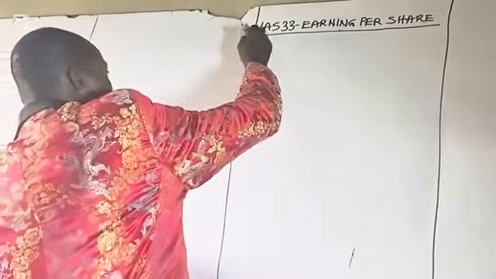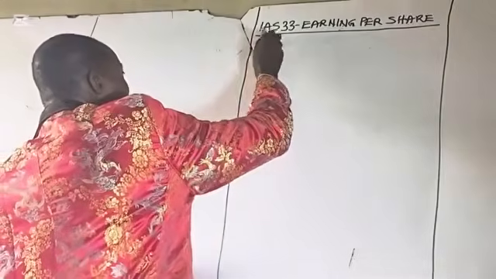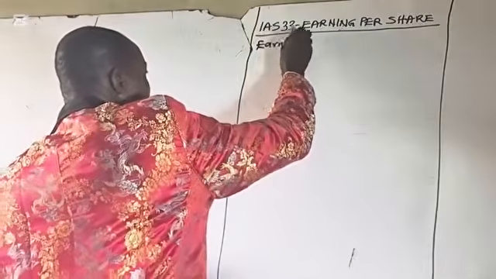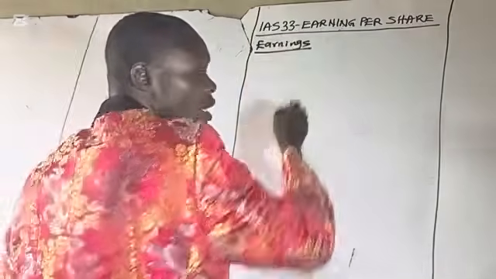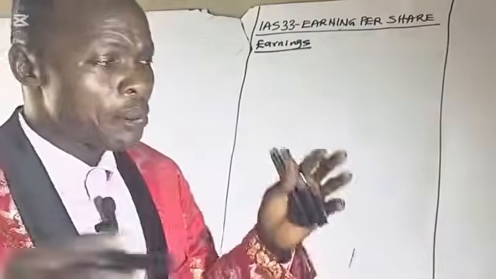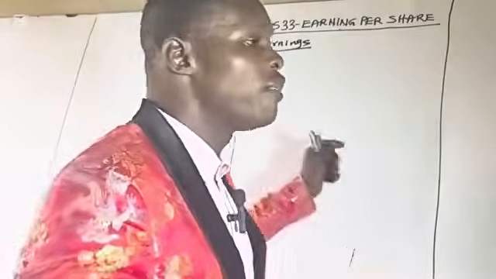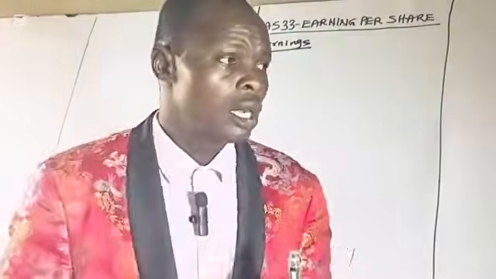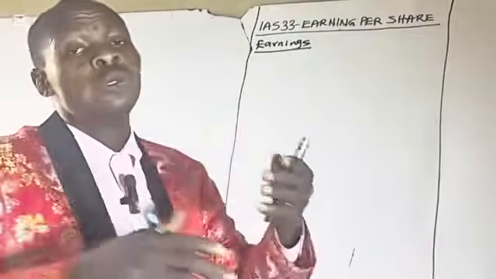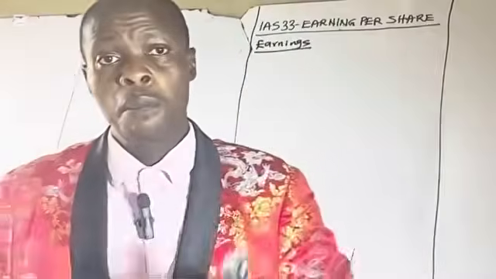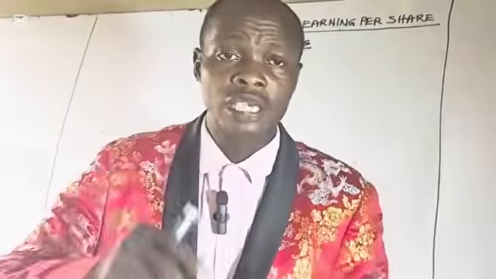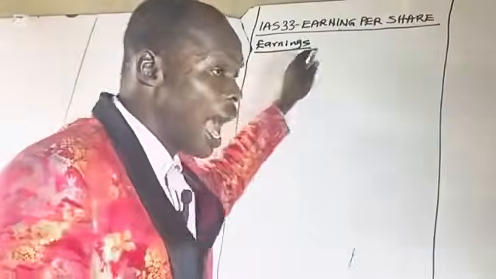Earning per share. What do we mean by earnings? Earnings are profit available for equity, that is profit available to equity holders, profit available to ordinary shareholders. That is what we mean by earnings.